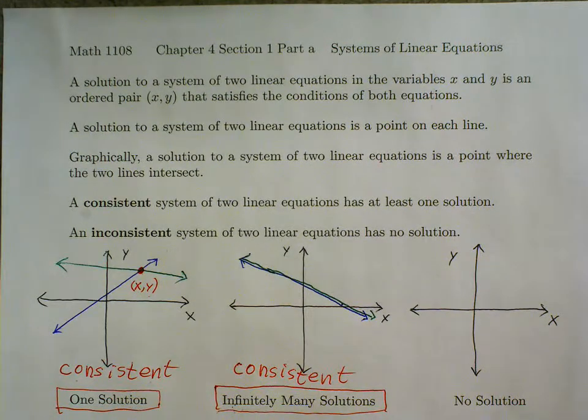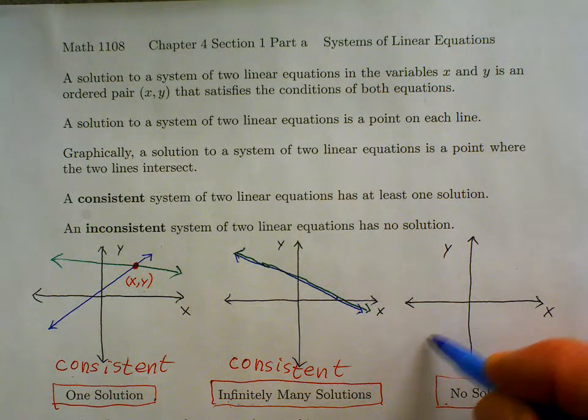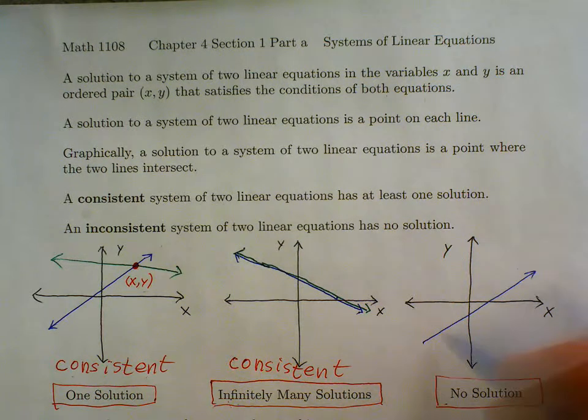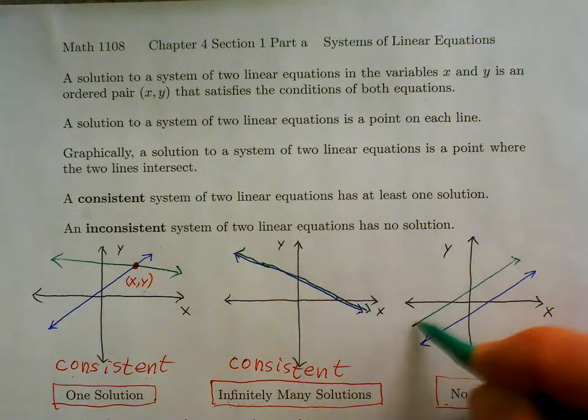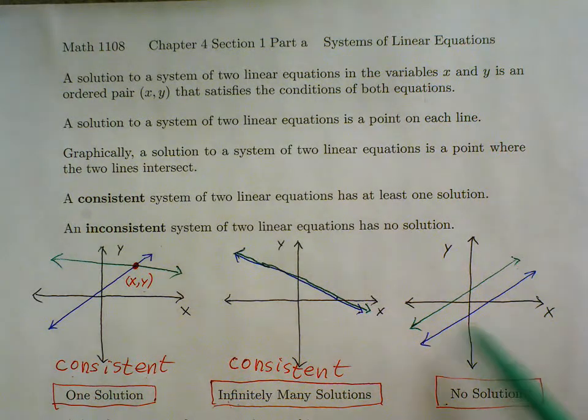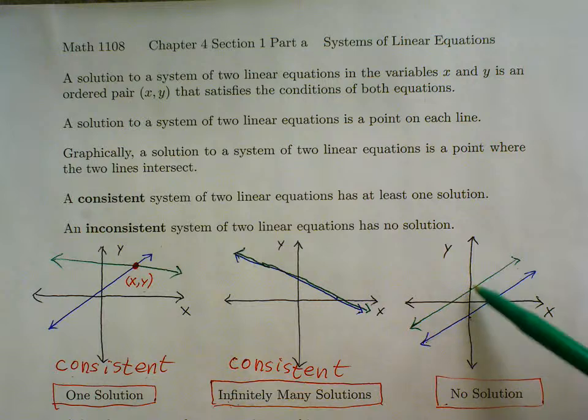Okay, then the third case is if there's no solution. And this has already been alluded to. If two lines are parallel, they never intersect. So when we say parallel, we're saying that the two lines have the same slope, but they have different y-intercepts.